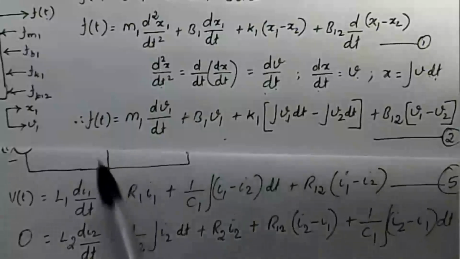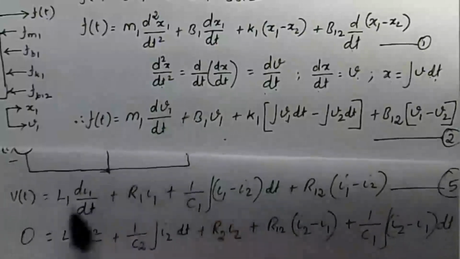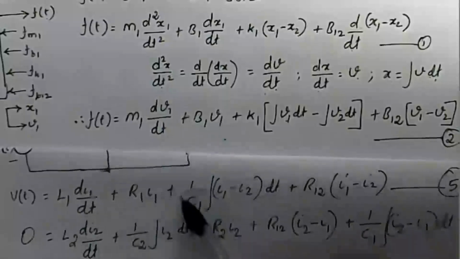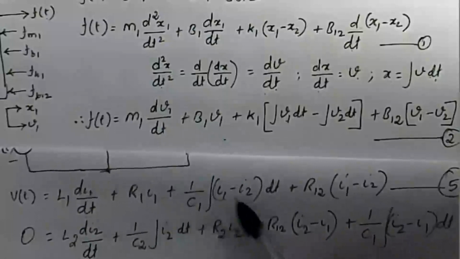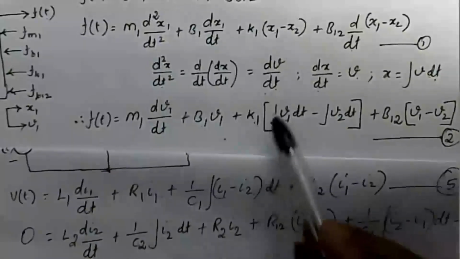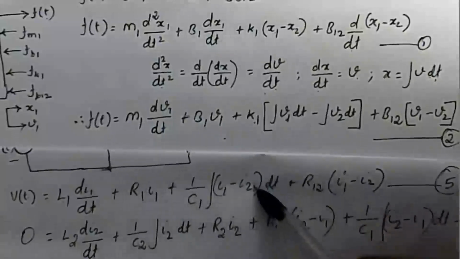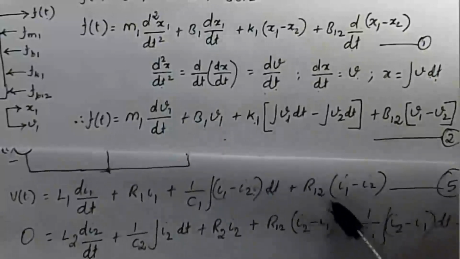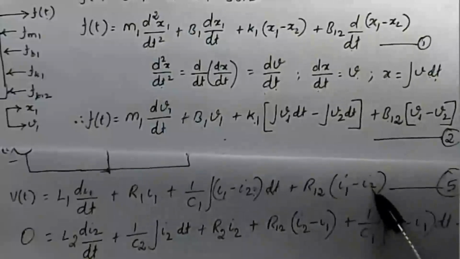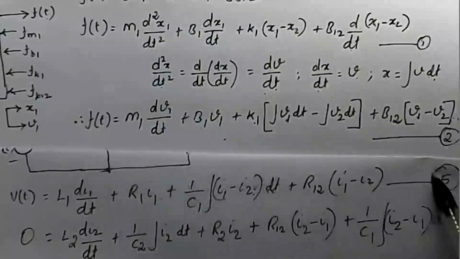Now verify: f of t, here v of t, m1 dv1 divided by dt, l1 di1 divided by dt, here b1 v1, r1 i1, plus k1 integral v1 minus v2 into dt, 1 by c1 integral I1 minus I2 into dt. These are similar terms. Then plus b12 times v1 minus v2, here r12 times I1 minus I2. So the second equation and the fifth equation are similar.